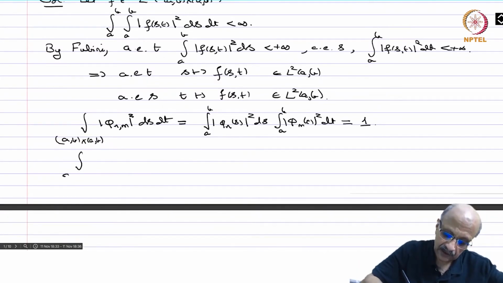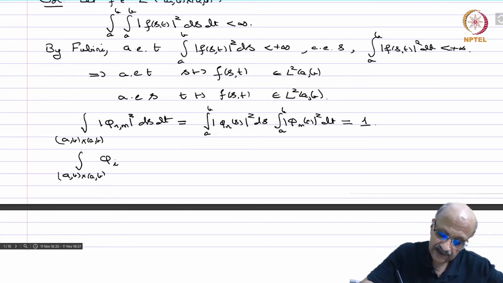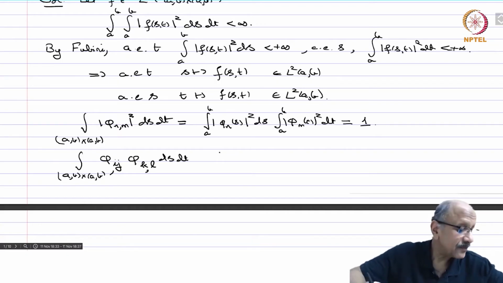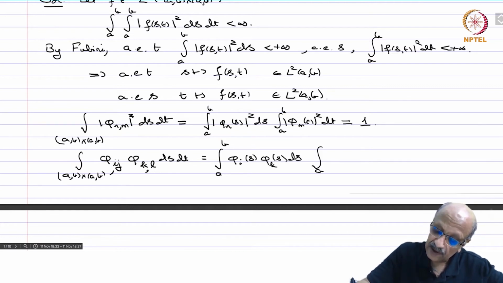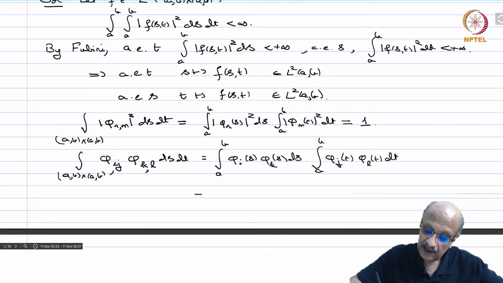Okay, so now let us consider the orthonormality. The integral over AB cross AB of phi ij times phi kl ds dt will be equal to, again because of the variable separable nature, integral A to B phi i(s) phi k(s) ds, and integral A to B phi j(t) phi l(t) dt, and that will be equal to delta ik delta jl.